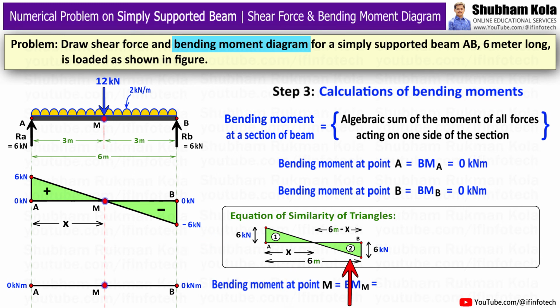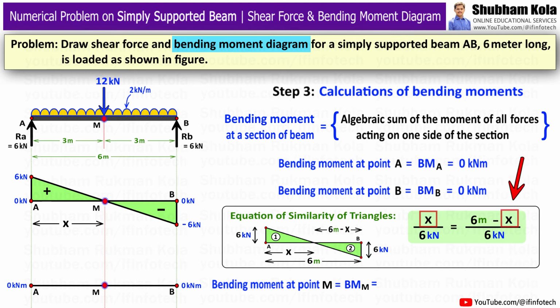And for the second triangle, the height is 6 kN and the base is distance 6 minus x. Therefore, from similarity of triangles, the base of the first triangle, that is x, divided by the height of the first triangle, which is 6 kN, is equal to the base of the second triangle, that is 6 minus x, divided by the height of the second triangle, which is 6 kN.